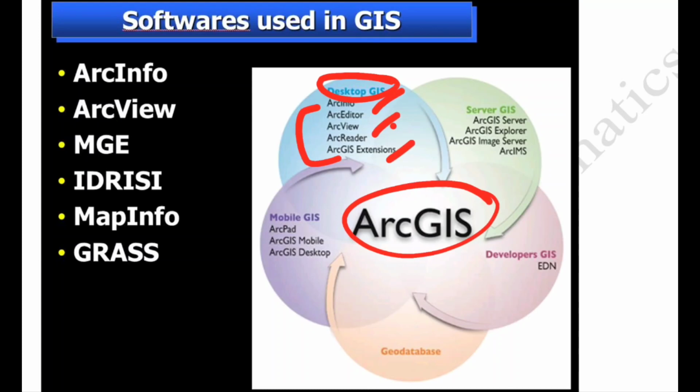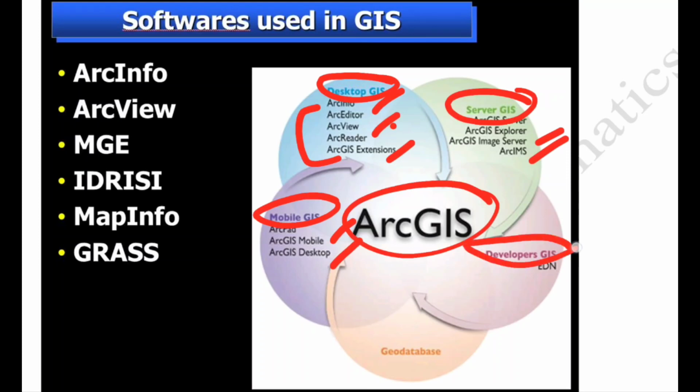These are again classified. The other one is server GIS, which includes ArcGIS Image Server, ArcIMS. Mobile GIS is also there, ArcGIS Mobile, ArcGIS Desktop. Then developer GIS, Geodatabase.